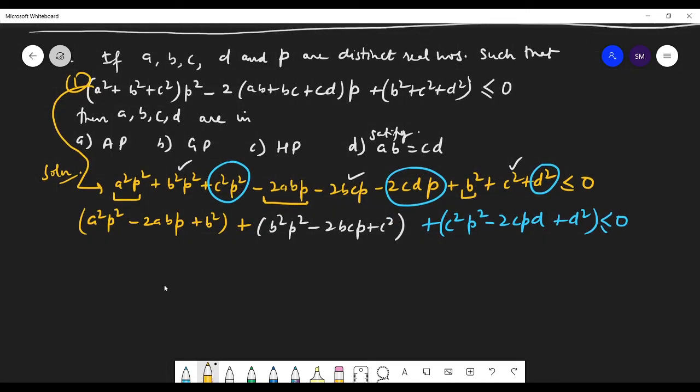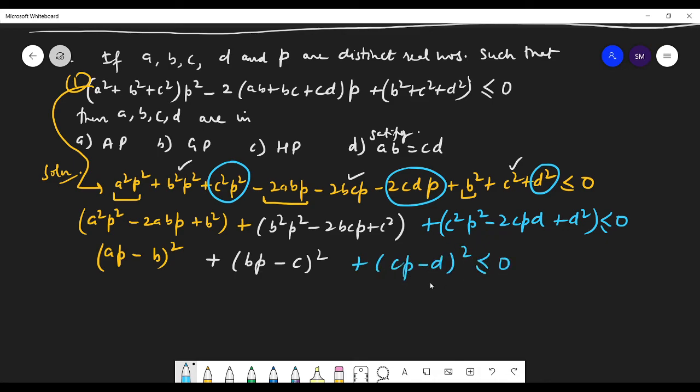So what do you get, students? What will this be equal to? (AP minus B) whole square plus (BP minus C) whole square plus (CP minus D) whole square. Quite a simple question, isn't it?